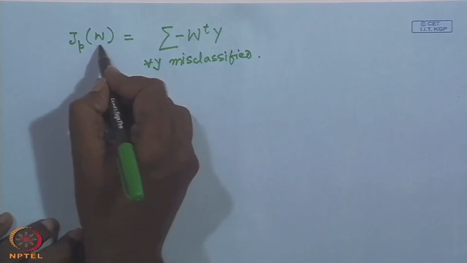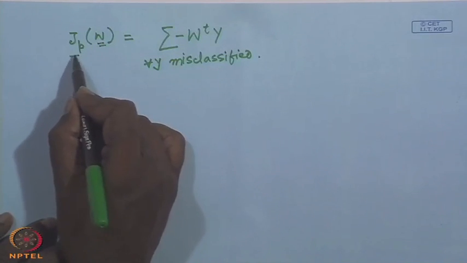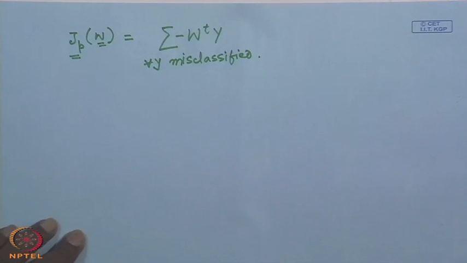And to get the value of W that minimizes the perceptron criteria function, we used the gradient descent procedure.